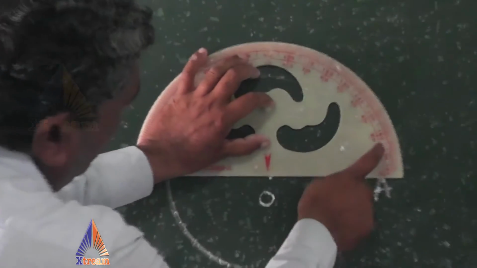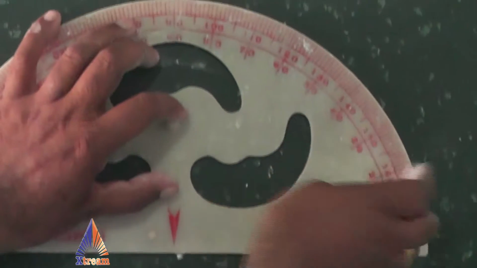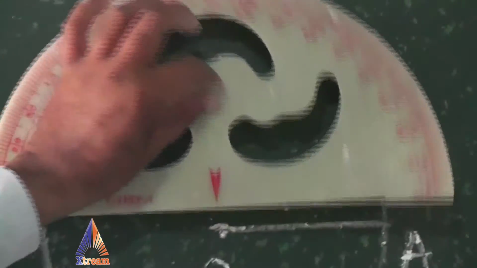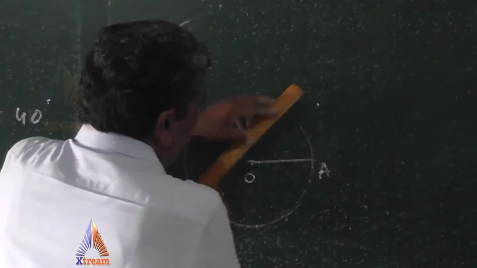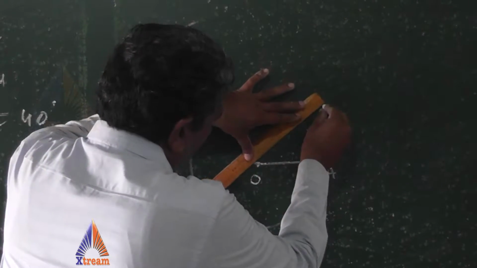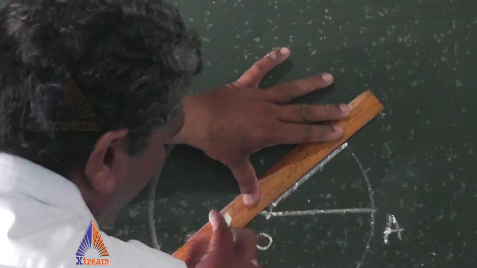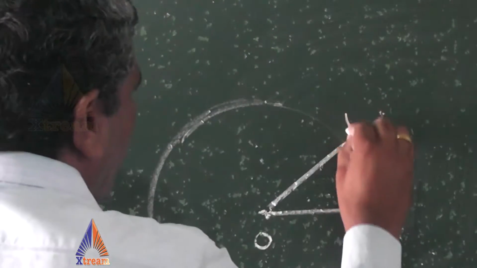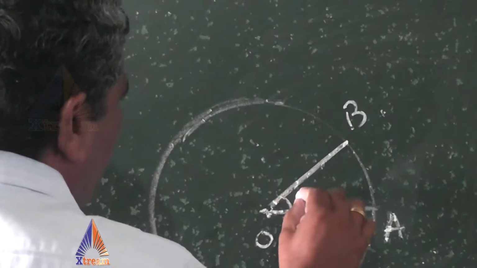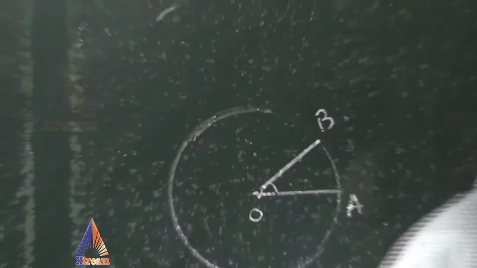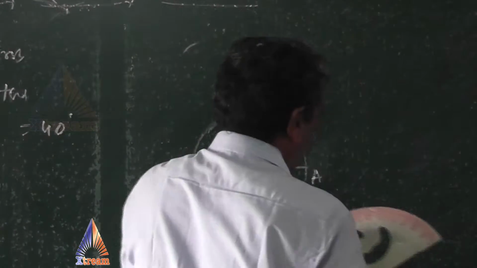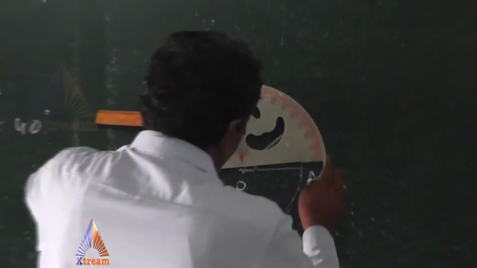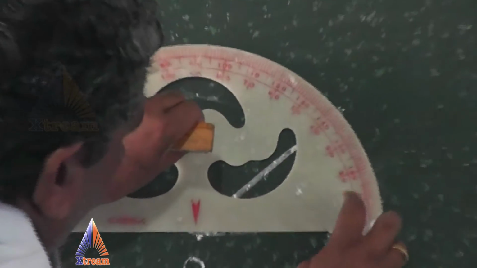Marking 10, 20, 30, 40, you can see the angle between these is 40 with the help of the protractor. So this is B, and the angle between them is 40 degrees. We can measure very clearly one by one: 10, 20, 30, 40 degrees. All of you see it.